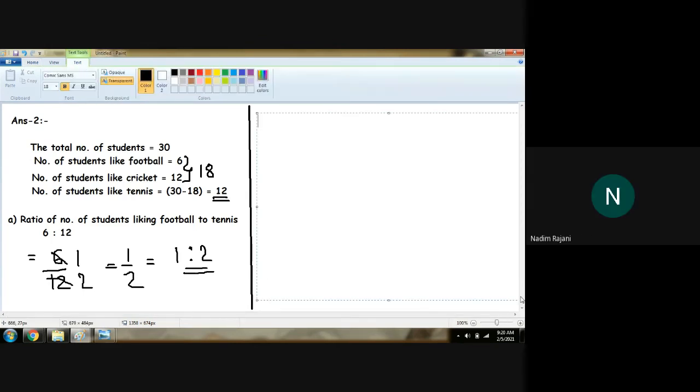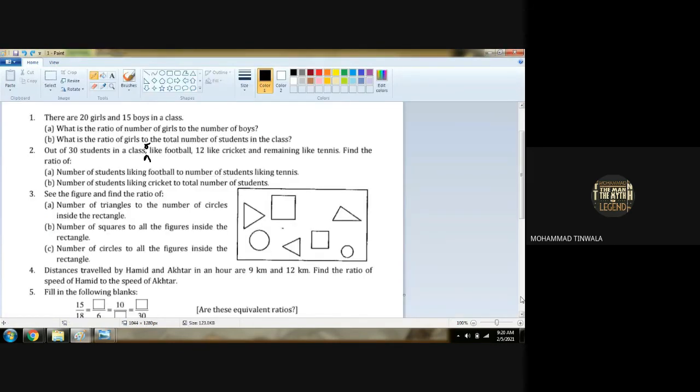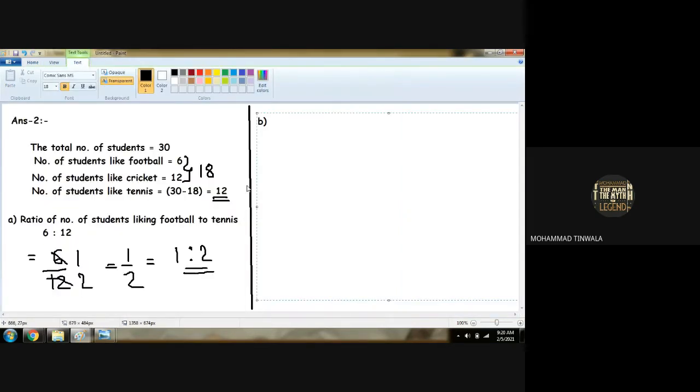Sum number B, number of students liking cricket to the total number of students. So ratio of number of students liking cricket to total number of students.